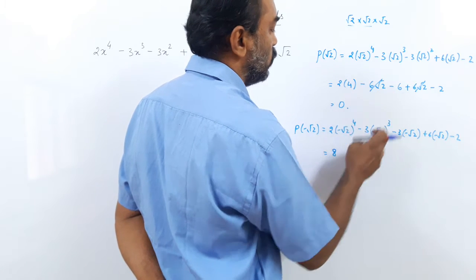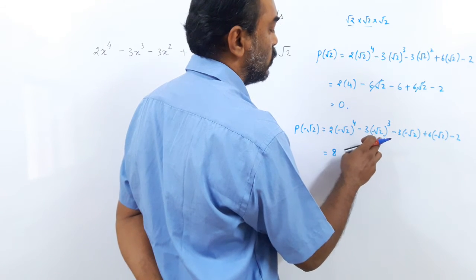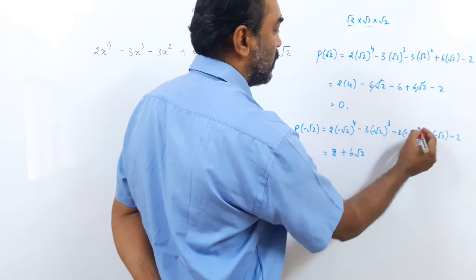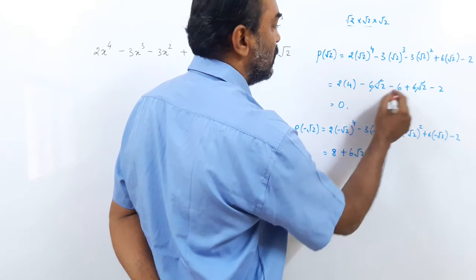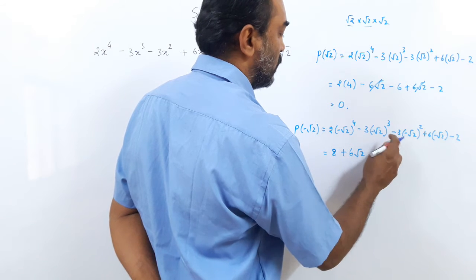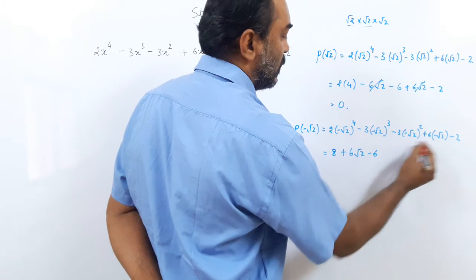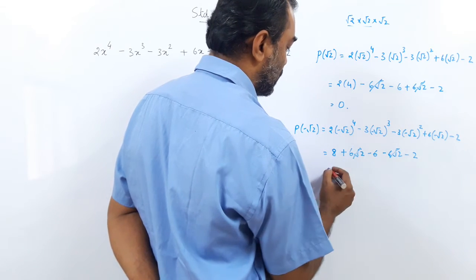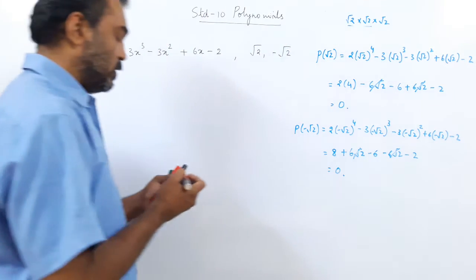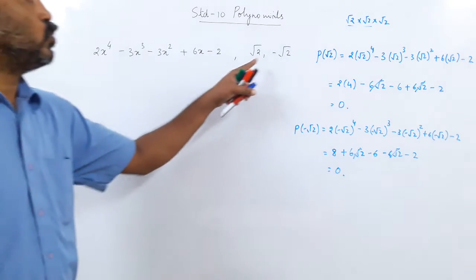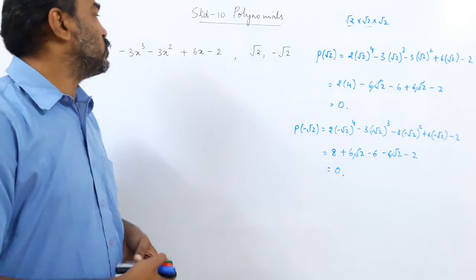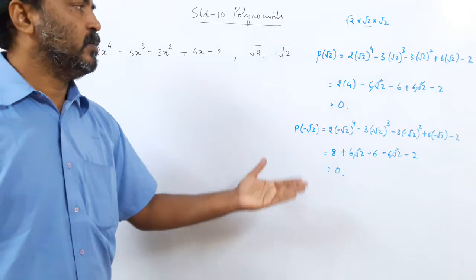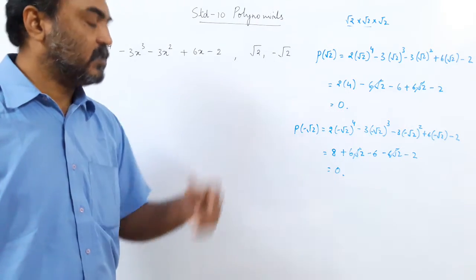We got 6 root 2 before, so here we'll get minus 6 root 2. But minus into minus will become plus, so plus 6 root 2. Here the power is again even, so this becomes positive, into negative 3 is minus 6. Here it becomes minus 6 root 2 minus 2. Again these get cut and again we get a 0. So we know that root 2 and minus root 2 are both zeros of this polynomial. I have verified it here, but it was already given that they are zeros.